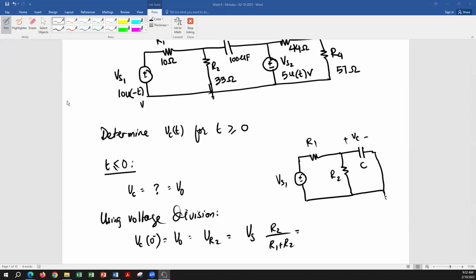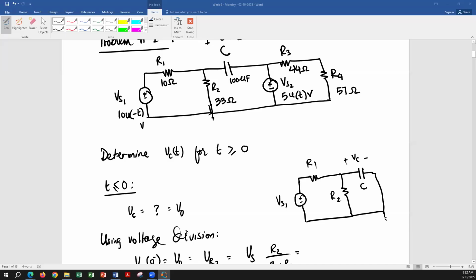Okay, let me write down all these values in my MATLAB. R1 is 10, R2 is 33, R3 is 44, and R4 is 57. Vs1 is 10 and Vs2 is 5 and the capacitor is 100 microfarad.